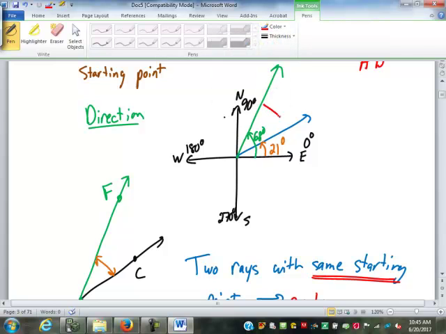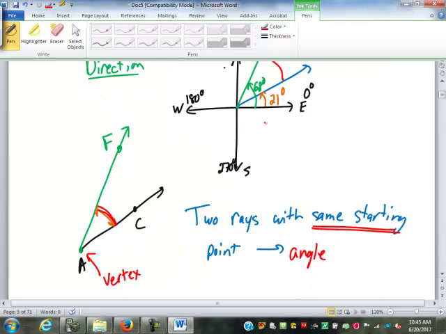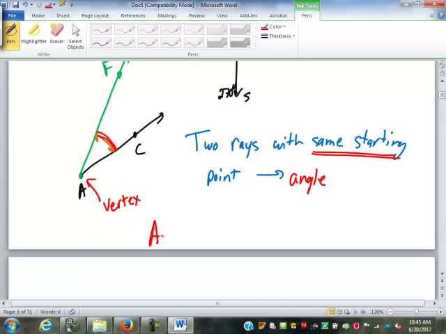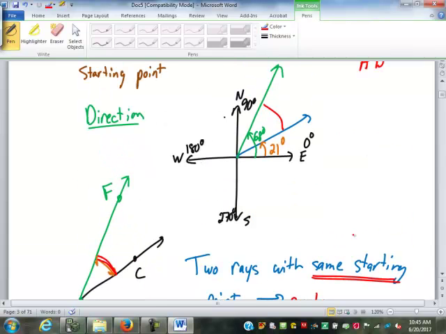The angle between them, this angle right here, is the difference in direction. So this one's at 68 degrees, this one's at 21 degrees. The difference is 47 degrees. So that's a 47 degree angle.